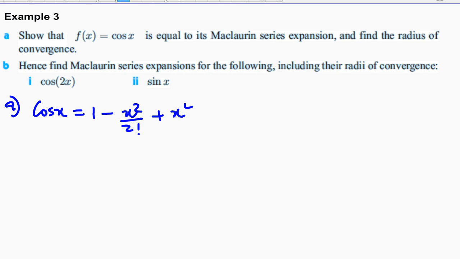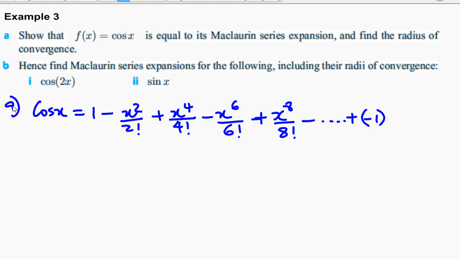Plus x to the power 4 over 4 factorial minus x to the power 6 over 6 factorial plus x to the power 8 over 8 factorial. Now, this series goes up to this nth term.